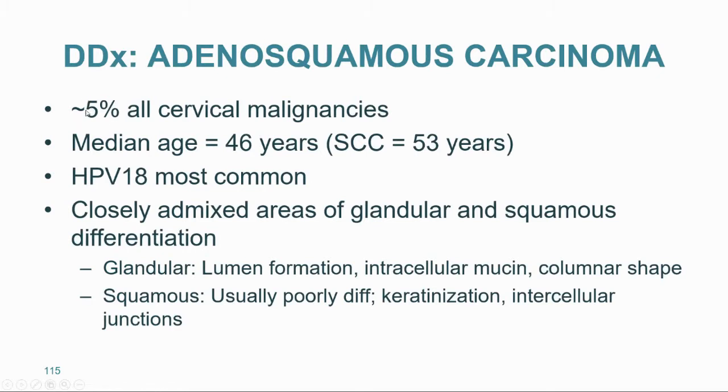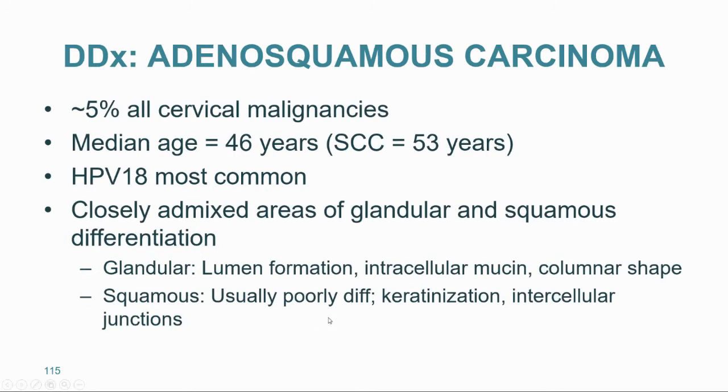Series show us that about 5% of cervical malignancies fall into this category of adenosquamous carcinoma, also caused by HPV of the high-risk types. This diagnosis requires the presence of closely admixed areas of glandular and squamous differentiation within the neoplasm. The squamous component is usually poorly differentiated, so it's going to have a lot of solid growth.